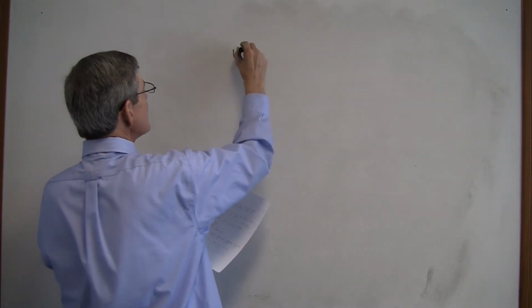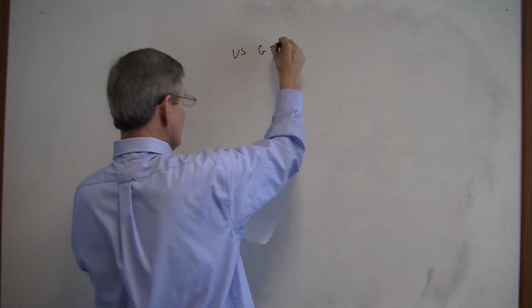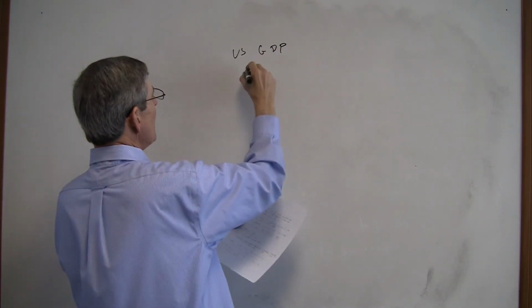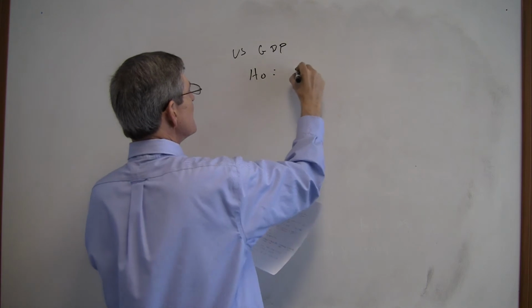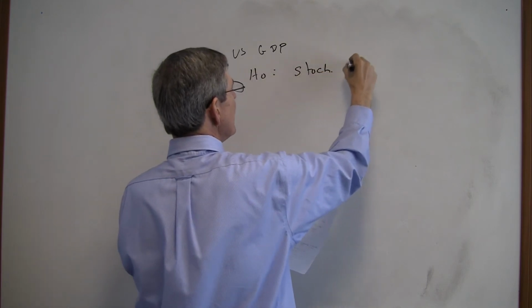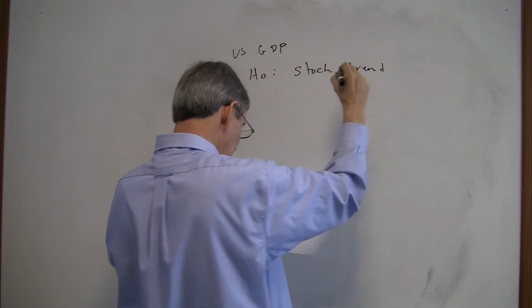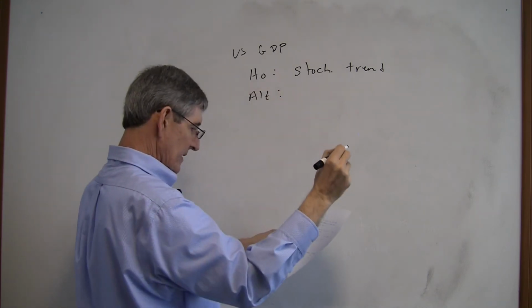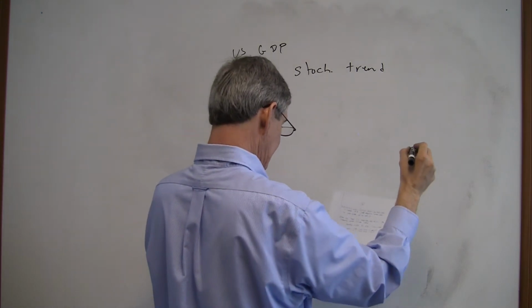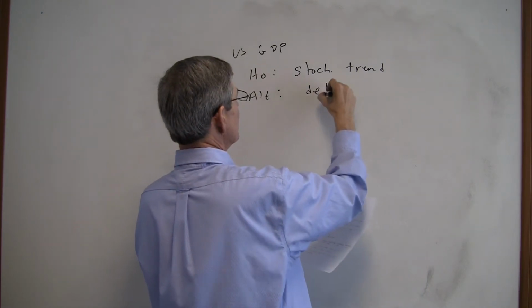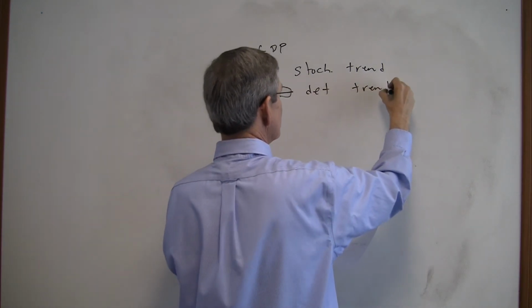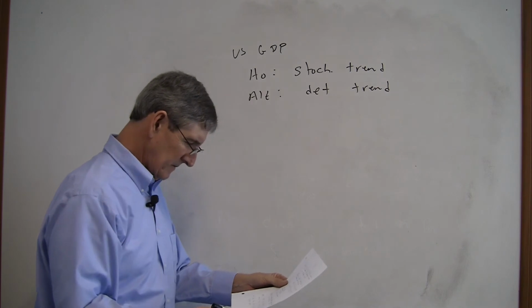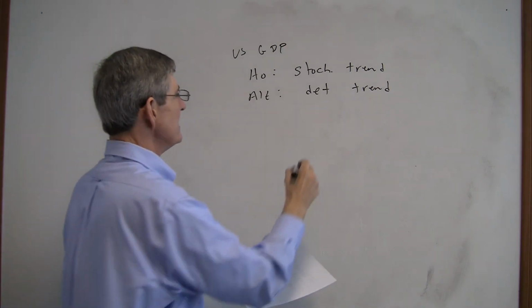So let's look at US GDP, and the null is a stochastic trend, a random trend, and the alternative is a deterministic trend and stationary.